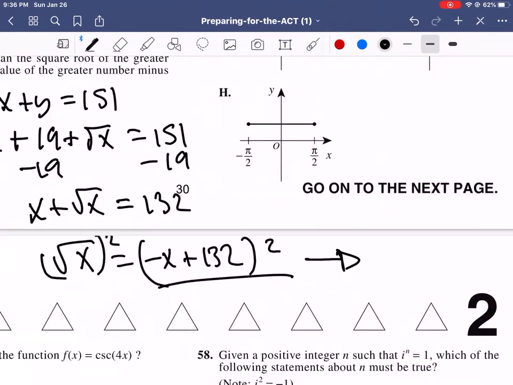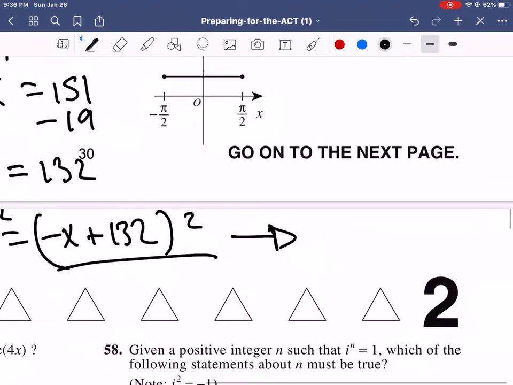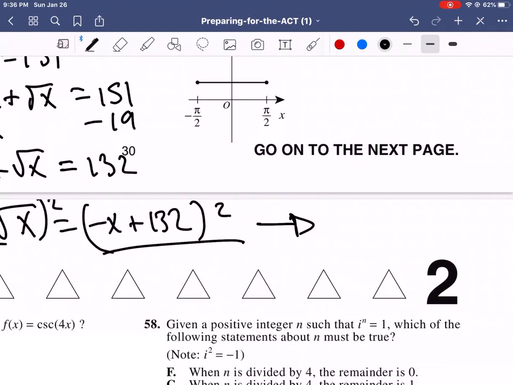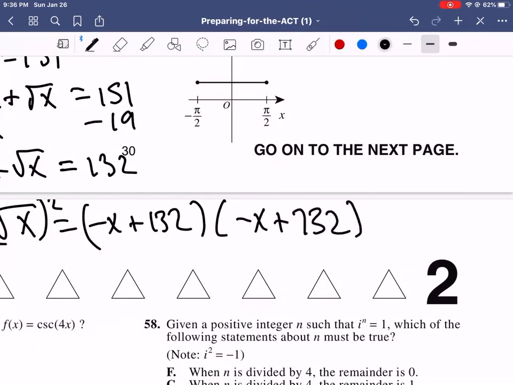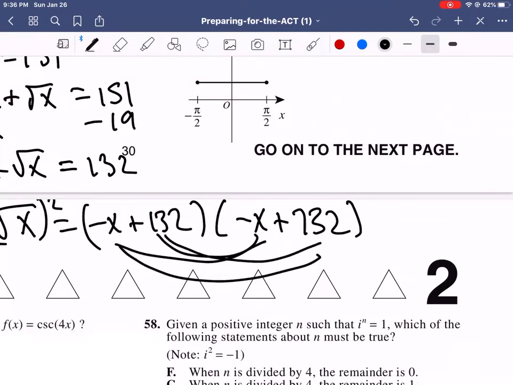It's going nowhere. Like, you probably think this is going nowhere. I did something wrong. This is getting too complicated. That's what I thought too. When you FOIL it out, it's gonna be positive x squared.